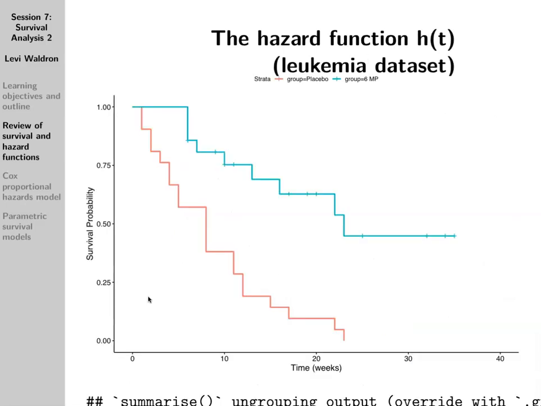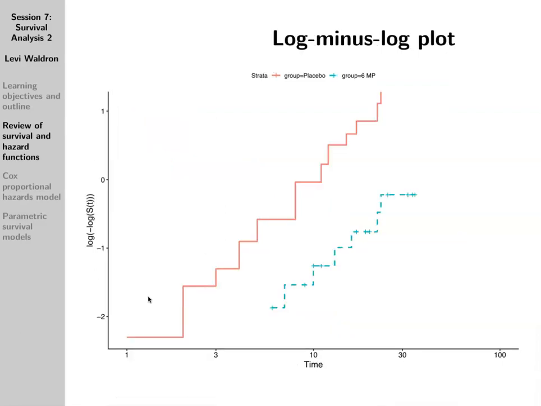All right, going back again to our leukemia data set, here yet again is our Kaplan-Meier estimate of the survival probability. I want to demonstrate for you one more plot. This is called the log minus log plot, and this actually is the recommended way of assessing the proportional hazards assumption, because on this scale, it's a little bit less sensitive to fluctuations than that hazard plot that I showed you.